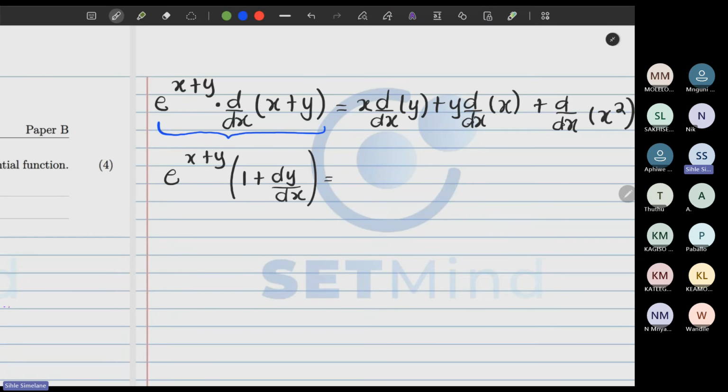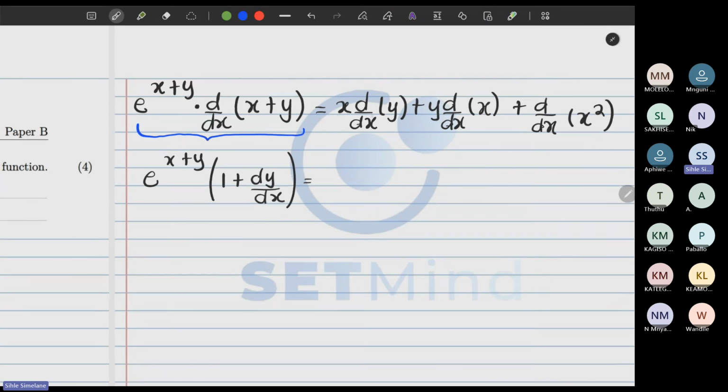And then when we go to the right-hand side, we have x times dy dx. We can't give the derivative of y because we don't know what it is. So our answer is going to be x dy dx, and then plus y times the derivative of x with respect to x, that is 1.